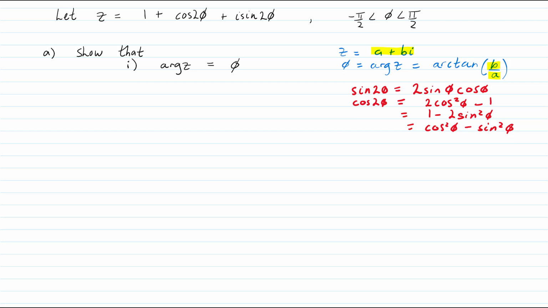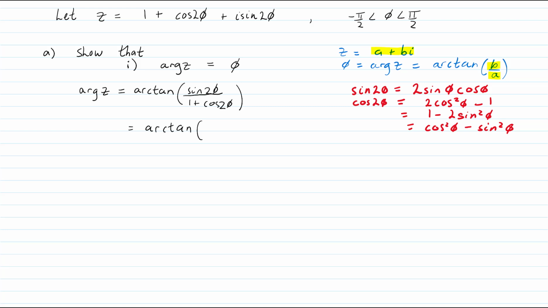So let's just set it up with our question here. So we've got the arg of z then is going to be equal to arctan of sine 2 theta over 1 plus cos 2 theta. So this then is equal to, now we can just use some double angle identities here.